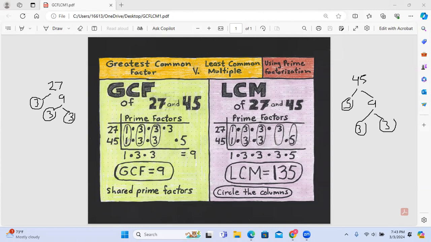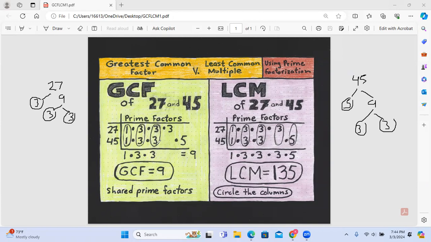Now what we're going to do is circle only the shared prime factors that 27 and 45 have. Of course they have 1 in common, so we're going to bring down the 1, just to let us know that they have a 1 in common. Both numbers have a 3 in common, so we're going to circle that column and bring down the 3.